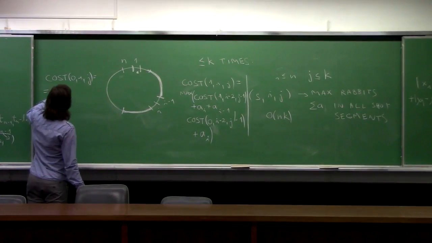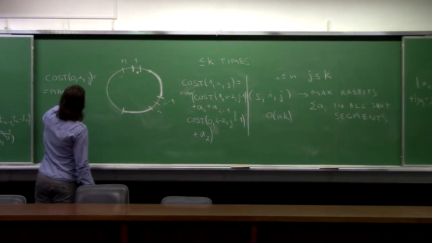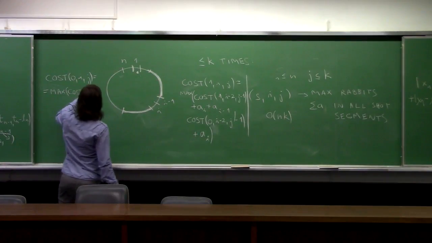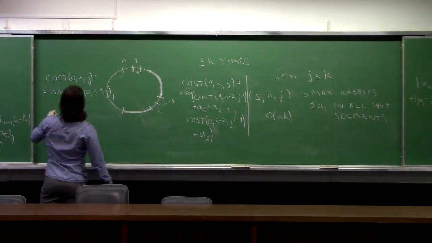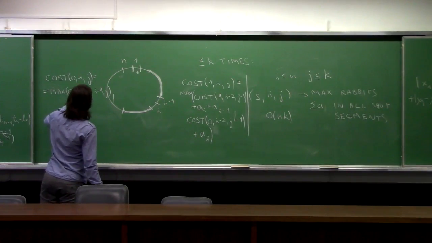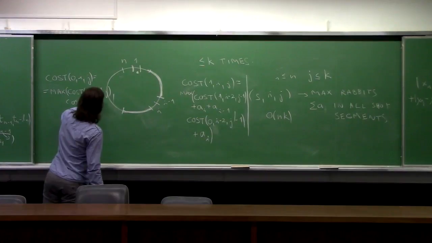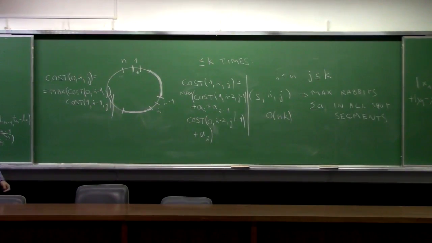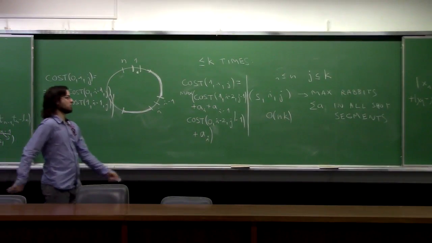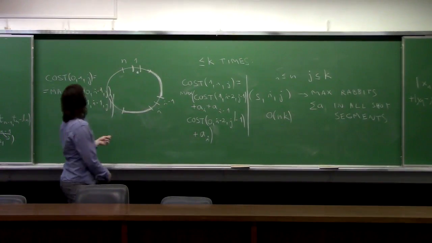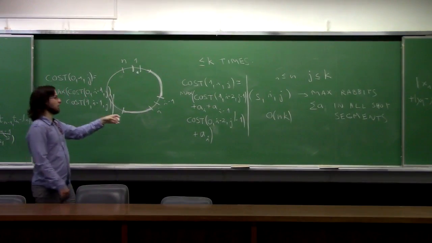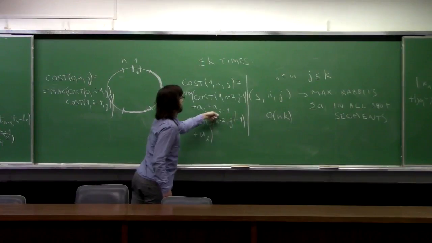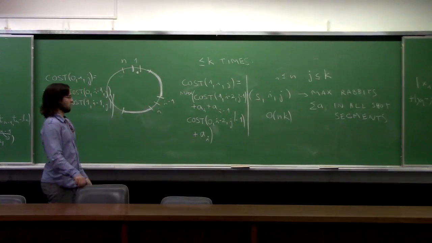So it's the maximum of cost 0 i minus 1 j and cost 1 i minus 1 j. Here we don't add any number of rabbits, because if place i minus 1 isn't short, then the number of rabbits from i minus 1 are added here if they are actually killed.